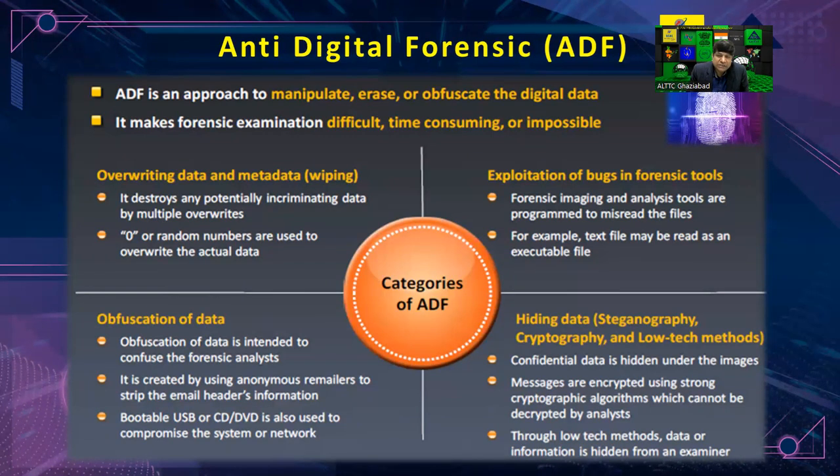Exploitation of bugs in the forensic tool. Forensic imaging and analysis tools can be programmed to misread files. It is a very big fact. For example, a text file may be read as an executable file. In the same manner, obfuscation of data is intended to confuse the forensic analysis.